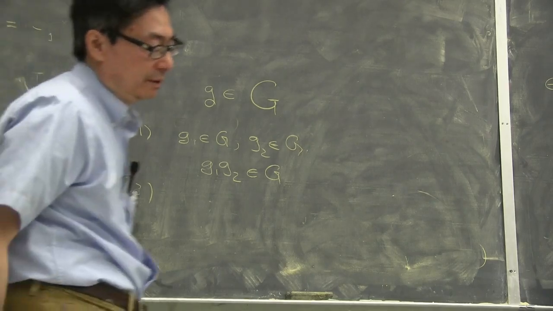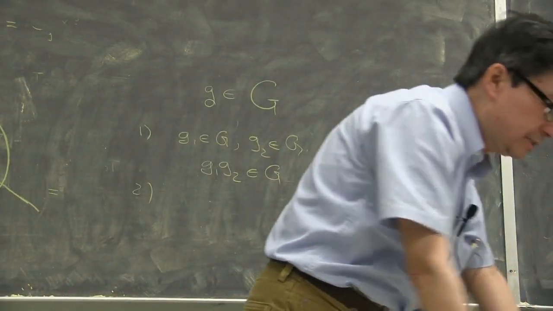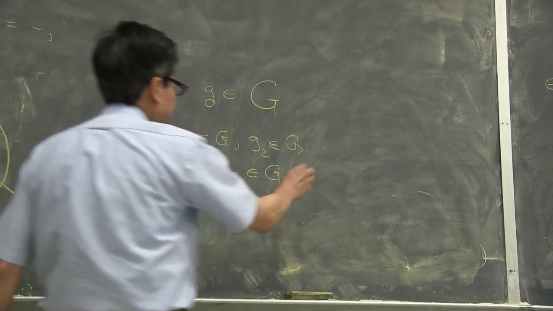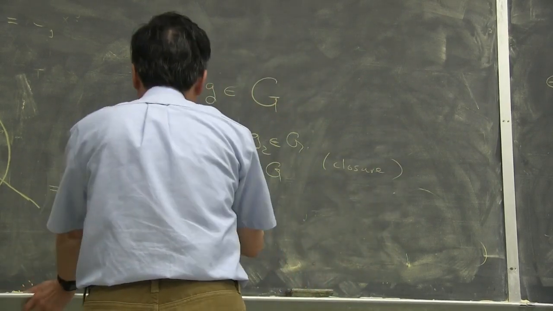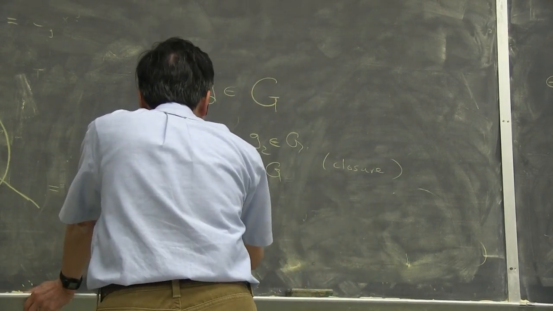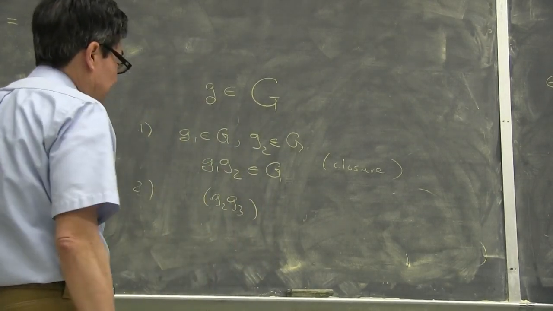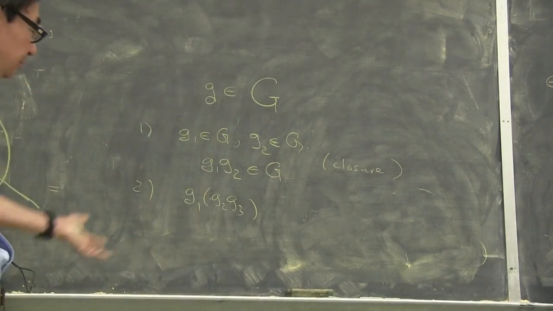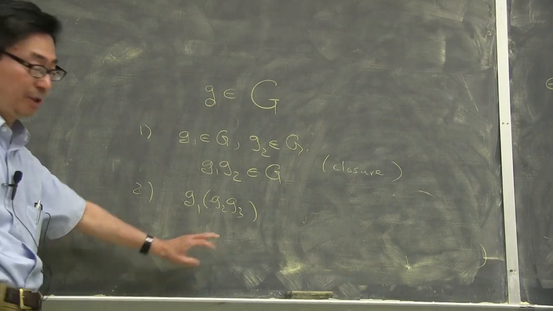Number two: it satisfies the usual multiplication rule called the associative property. So this one is closure. If you have three elements, G1, G2, G3, and if I multiply G2 and G3 first together, you get another group element, which can then be multiplied with G1 to form another thing in the group, because of the closure property.